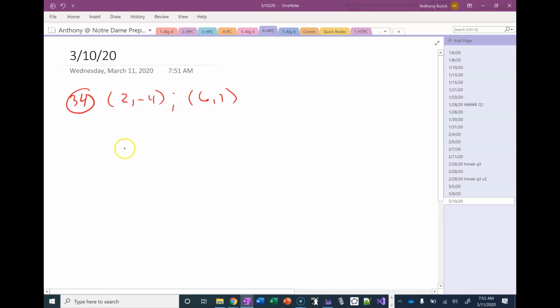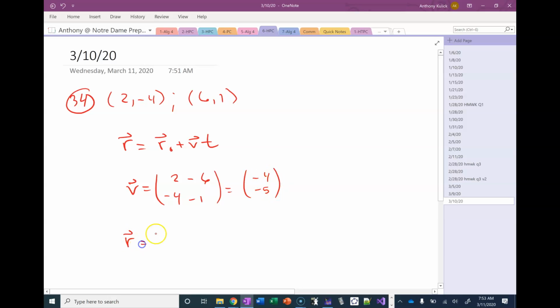So I'm going to start by writing my vector equation for a line. So vector v I can just do as the first vector minus the second vector. And then for r naught, I can use either vector. I'll just choose to use the first one.